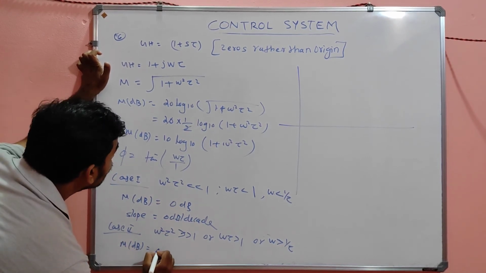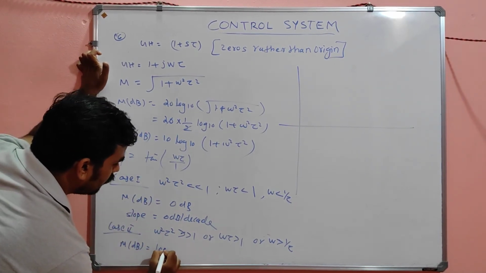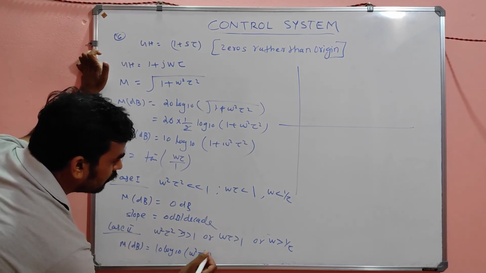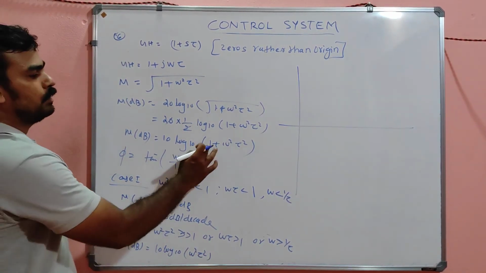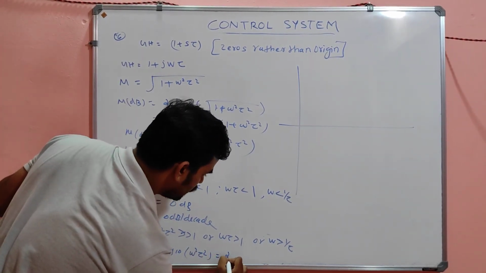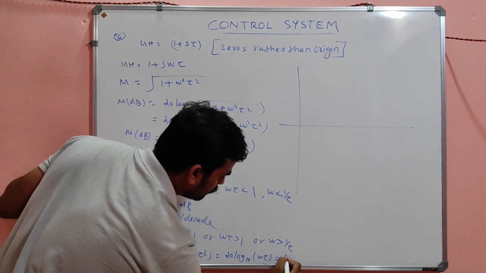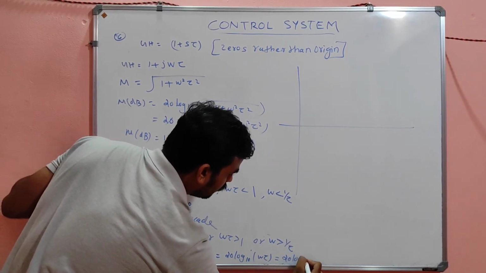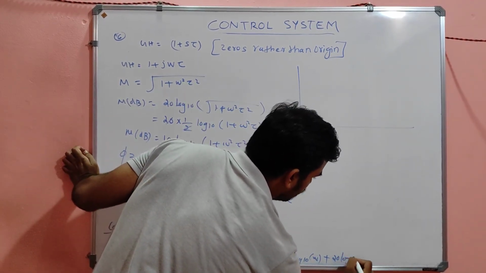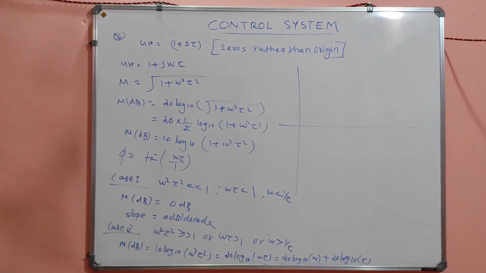It is nothing but this one, my dear: 10 log 10 to the base omega square tau square, because it's very much greater than 1, you can neglect 1 and directly substitute omega square tau square. So it will be simply 20 log 10 to the base omega tau. It's nothing but 20 log 10 to the base omega plus 20 log 10 to the base tau.